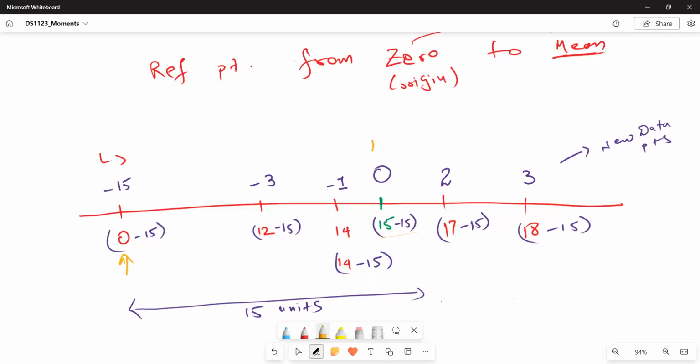Hence, my mean becomes 0. The mean of this data becomes 0 now. Right? And since the mean becomes 0, if you're going to subtract anything from 0, or if you're going to add anything on 0, right? So the final output will be not impacted, right?